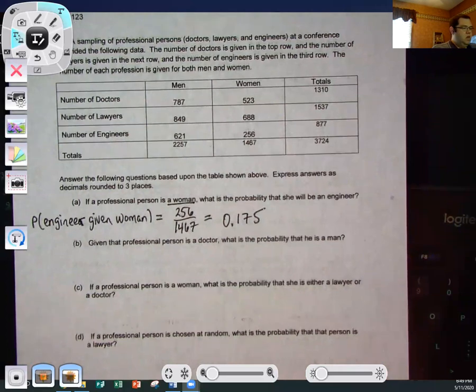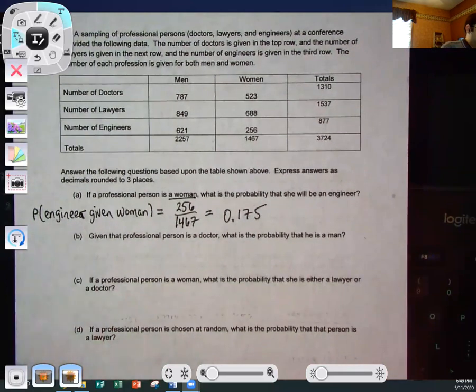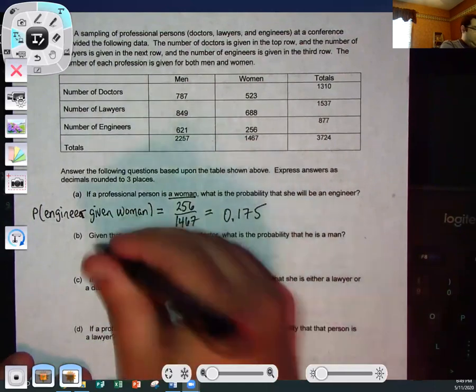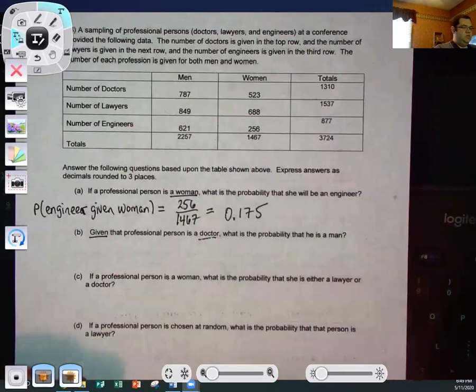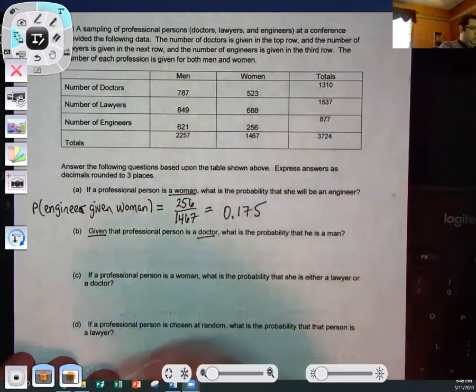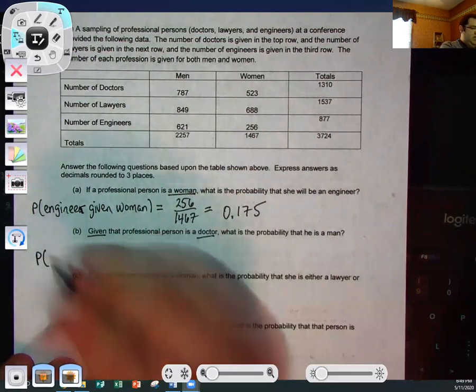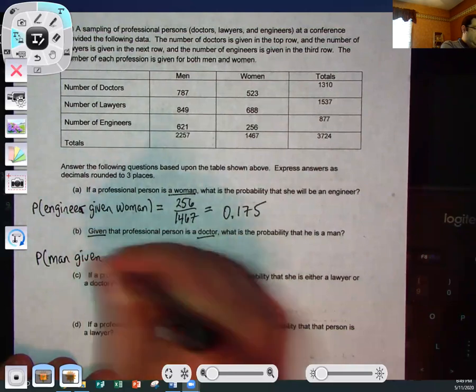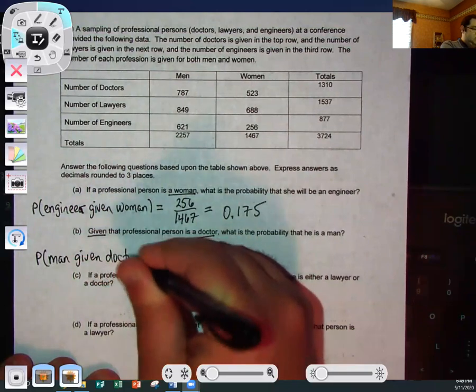Okay. For part B, it says, given that the professional person is a doctor, what is the probability that he is a man? Because it's given that it's a doctor, we're only going to select from the doctor row. So again, we want to find the probability of selecting a man given that they are a doctor.